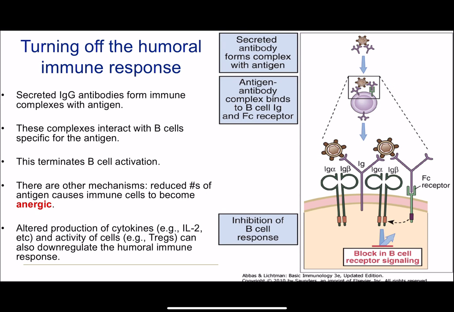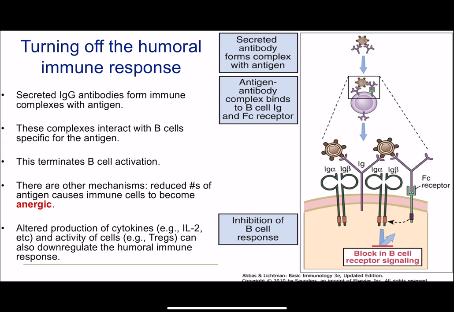Okay, so turning off the humoral immune response, we already talked about that. The mature antibodies go back as a negative feedback loop, and also when we run out of antigen, it pushes the immune cells into anergy. Have you talked about anergy? Yeah, okay. I always think about anergy as the opposite of energy.